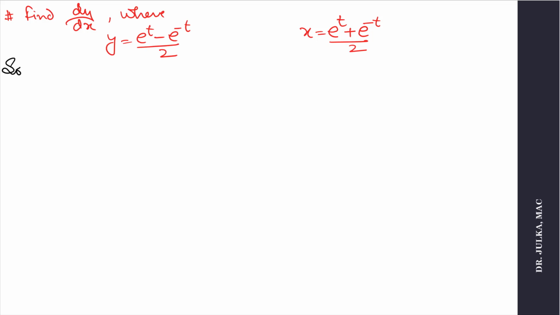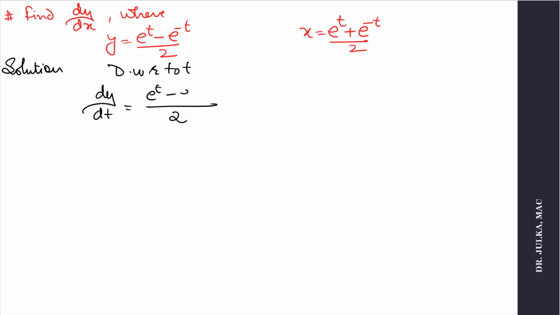Next question. Find dy by dx where x equals e raised to the power t plus e raised to the power minus t, divided by 2, and y equals e raised to the power t minus e raised to the power minus t, divided by 2. The y and x both are functions of t, so we will differentiate with respect to t and we will get in the case of y, dy by dt equals e raised to the power t minus e raised to the power minus t into minus 1, divided by 2, which equals x.